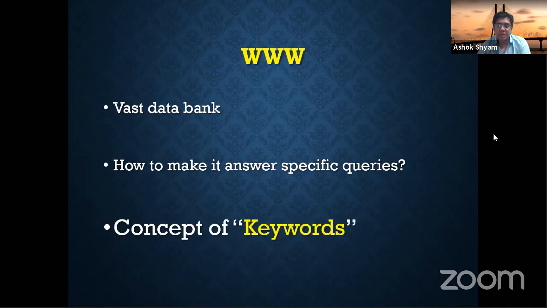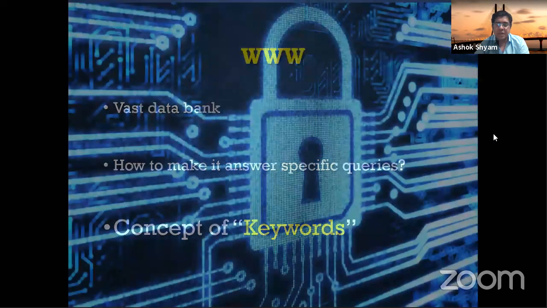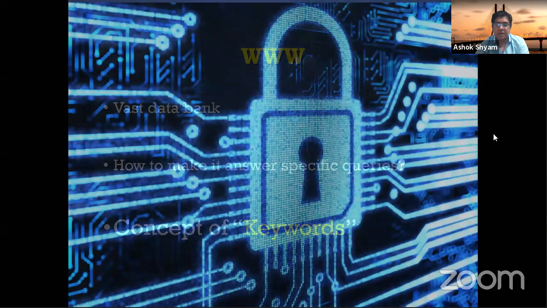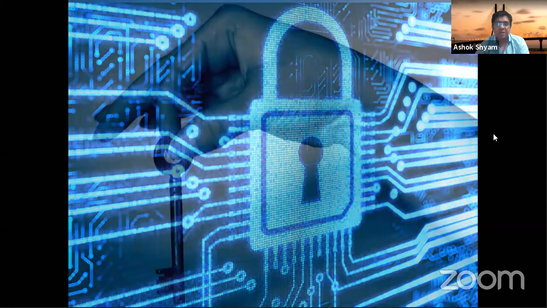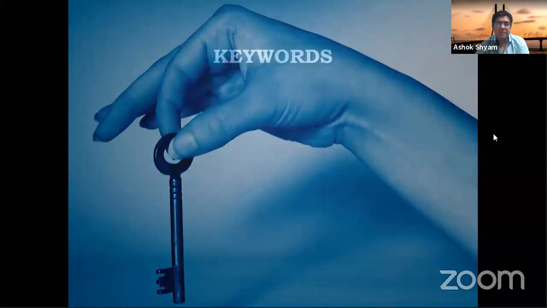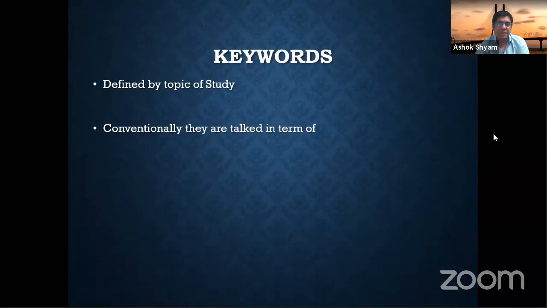These are called concepts, and we'll have 5 different concepts that will help you do your literature review very easily. The first concept is the concept of keywords. If the internet is a locked data bank, use the keyword and it just opens up for you. Keywords are defined based on the topic of your study.